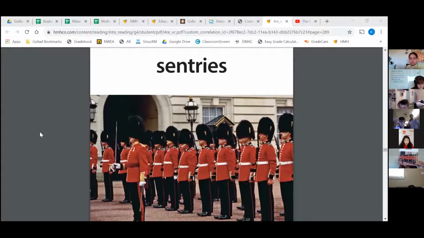What do you think is happening? They're training to be guards. Okay, they could be training to be guards, or do you think they're on duty, maybe? They're on duty. Okay. So the sentence says, the palace has sentries standing guard in front of the gates.